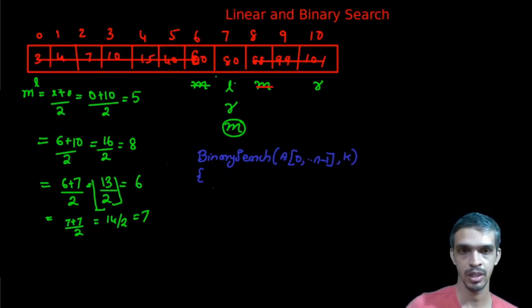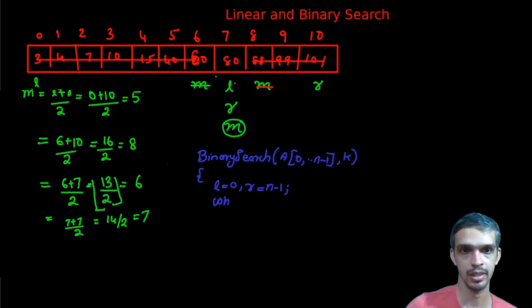Then we need to initialize the indices L and R. L equal to 0 and R equal to the last element, that is n minus 1, since we have n elements. Then we need to calculate the middle element and check, which is in a loop.